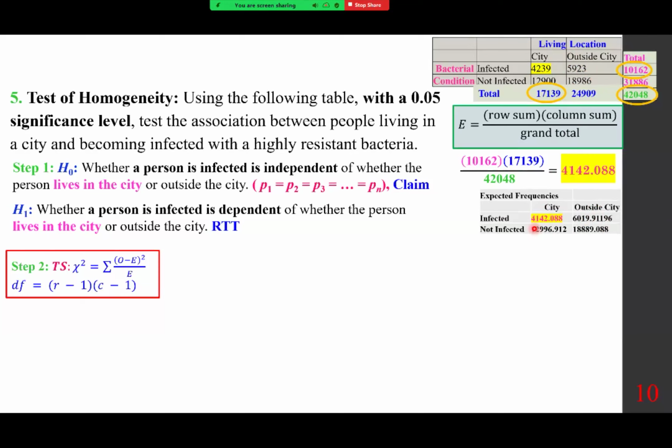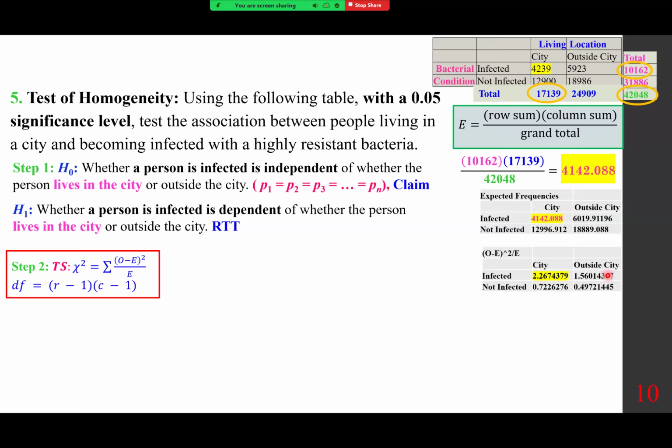Now, if we were to calculate the formula here, you would calculate one by one this number minus this number, quantity squared, and divided by this number. And it gives you this. I want you to just look at the highlighted one, 4239 minus 4142.08, square the result, divided by this number, gives you this number.